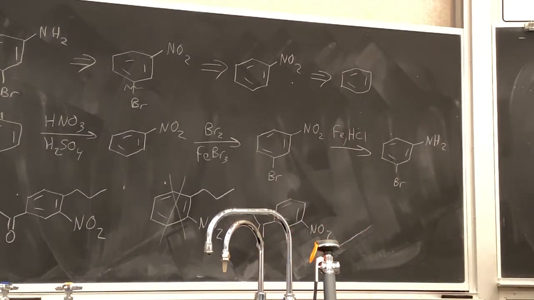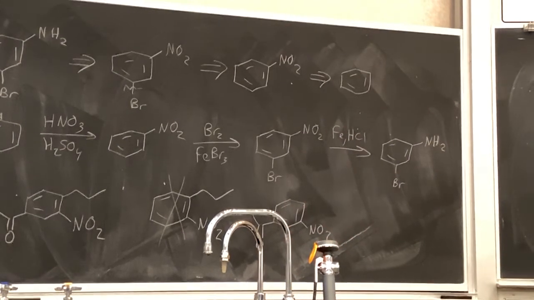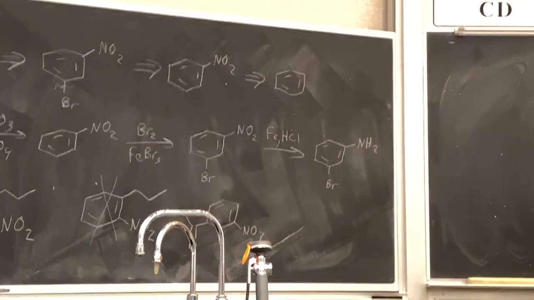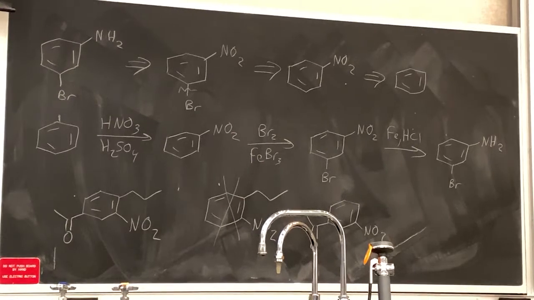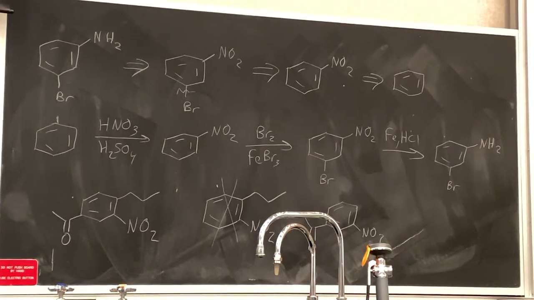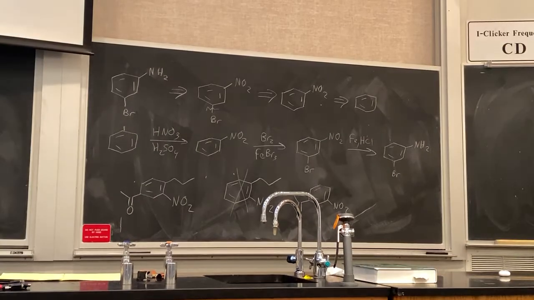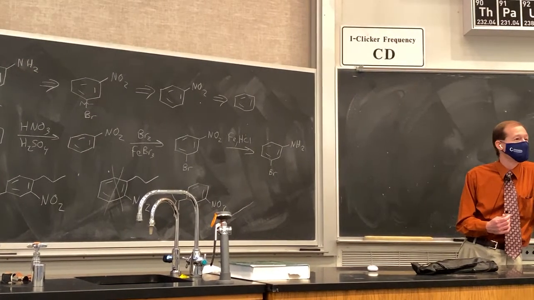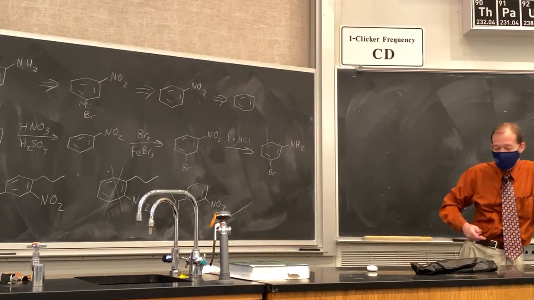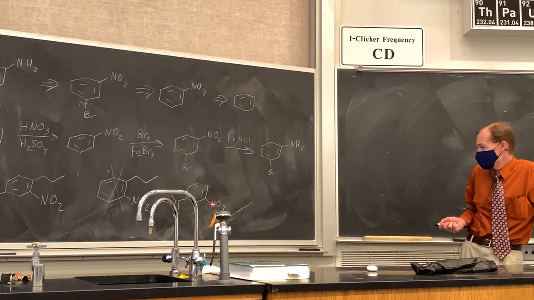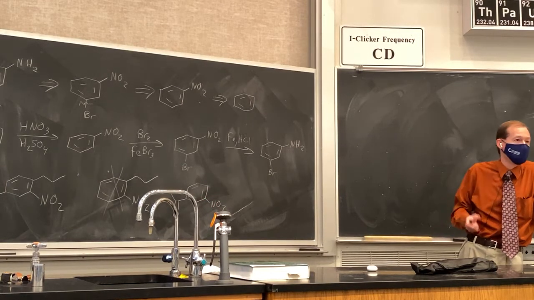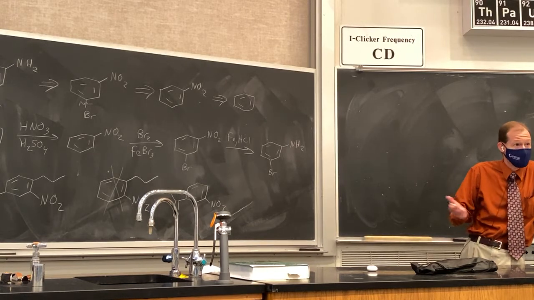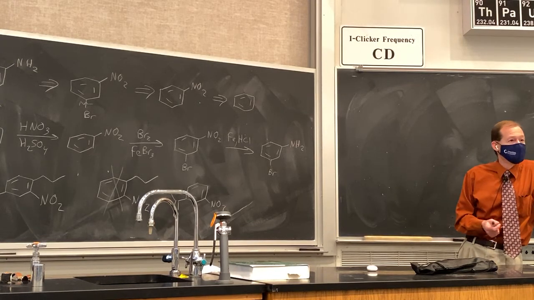Is this disubstituted benzene a viable precursor to the desired product? Okay. I see people shaking their heads. No, why not? Okay. Okay, these are meta-directors, so we're not going to be able to put a group ortho to the nitro or para to the acetyl group. Okay, so that's one problem. That will prevent it.